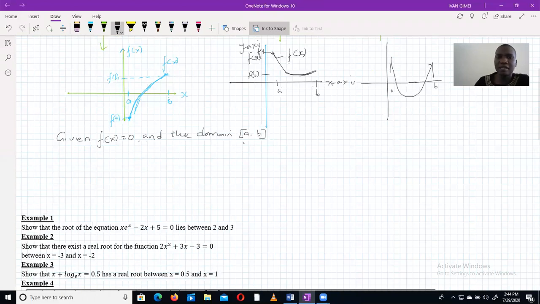If the root lies in AB, then you obtain f of A and f of B by simply substituting into the function. After that, you observe the signs of f of A and f of B.